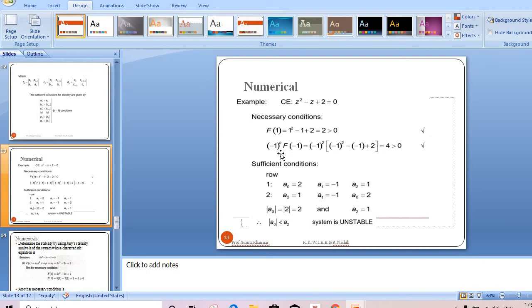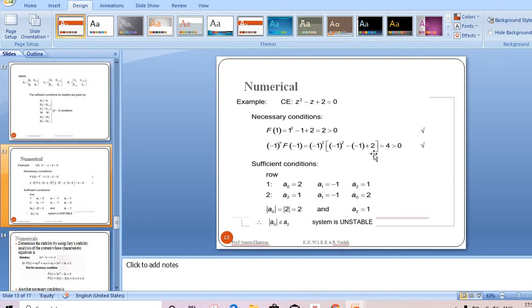Second condition: minus 1 raised to n into f of minus 1. So put z as minus 1. Minus 1 square, why square? Because n is 2. So minus 1 raised to n means minus 1 square into f of minus 1. What is f of minus 1? Minus 1 square minus, minus 1 plus 2.